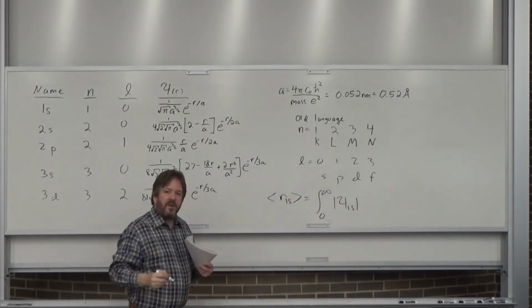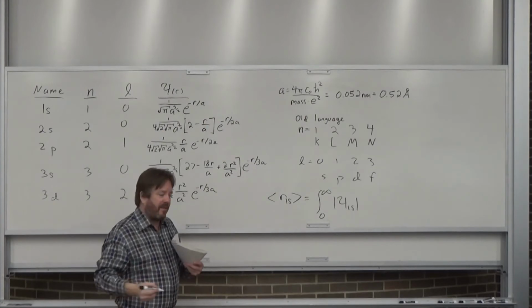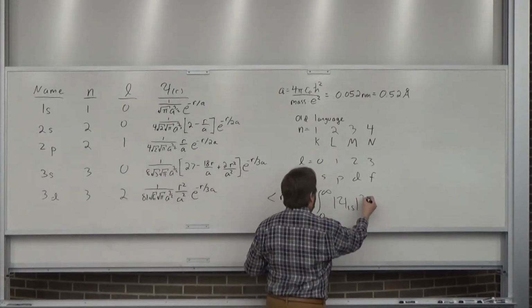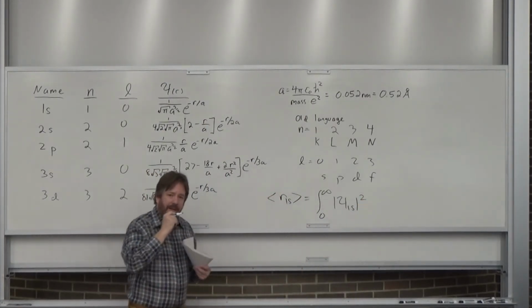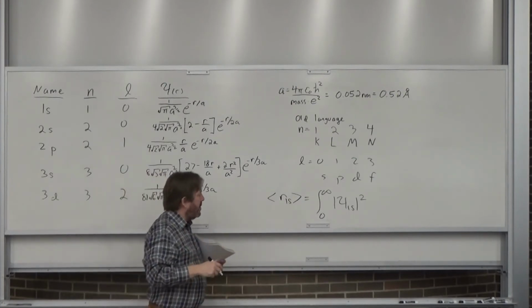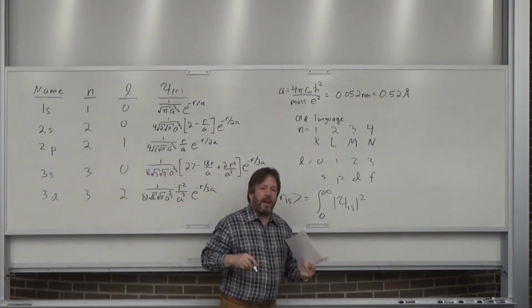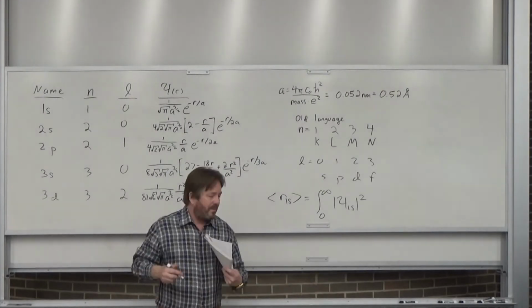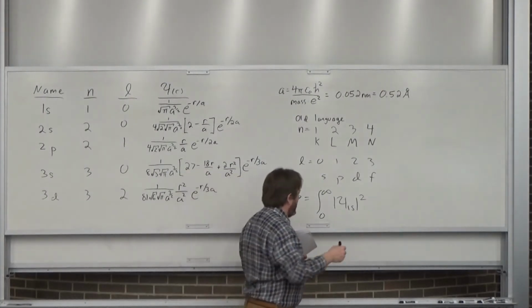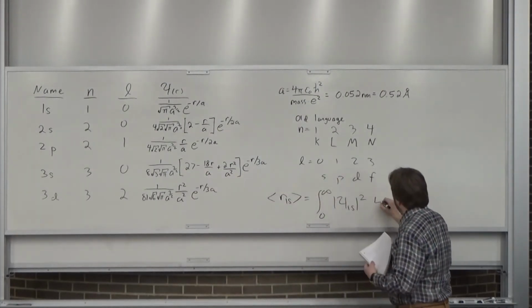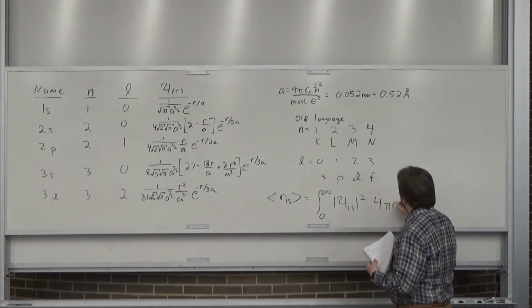We might have complex components, not in the radial, but in the angular parts. That's possible. But we're just doing the radial, but still I'm going to write down the absolute value squared like normal. Don't forget that there's a Jacobian, 4 pi r squared.